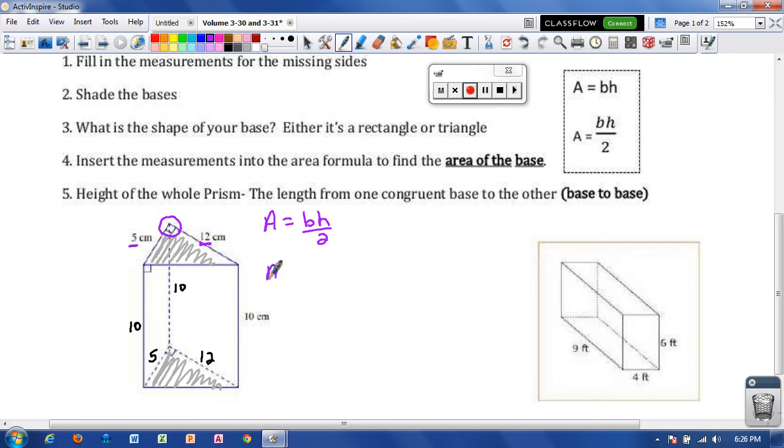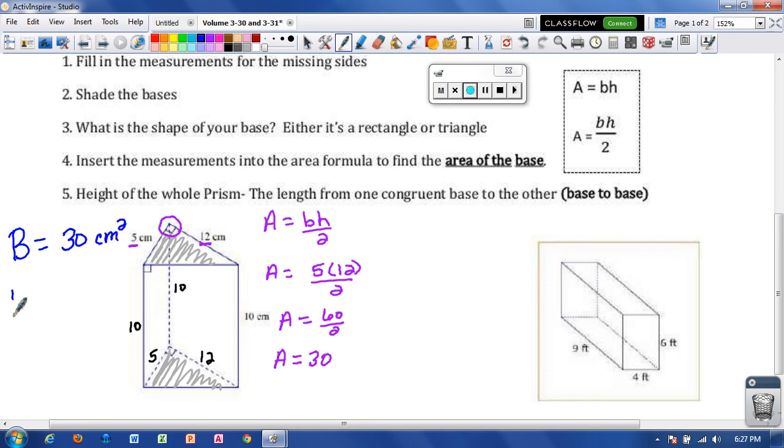So we have a base of 5 times a height of 12 divided by 2. We know that 5 times 12 is 60, and 60 divided by 2 is 30. So the area equals 30. That means that the big B equals 30, and these are centimeters squared.